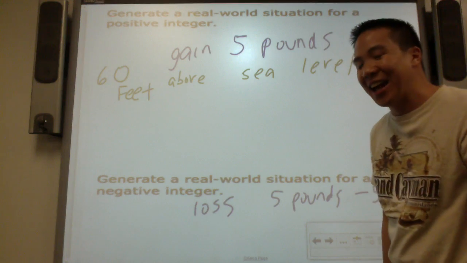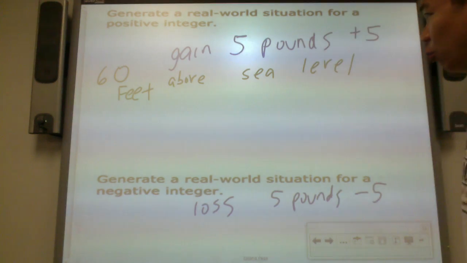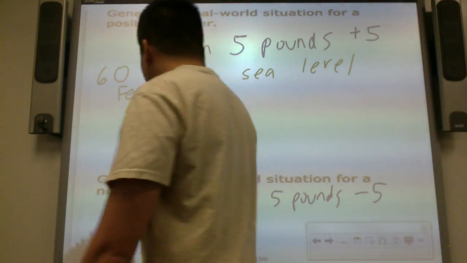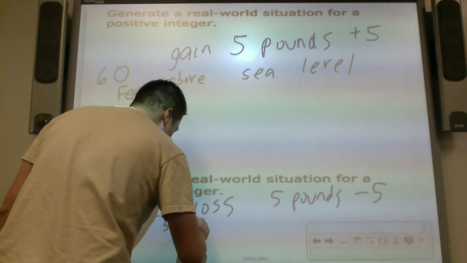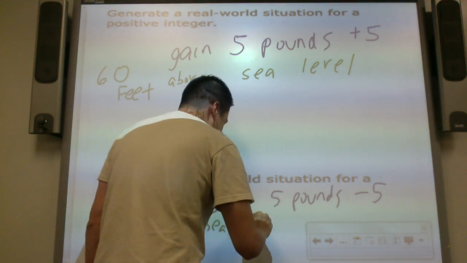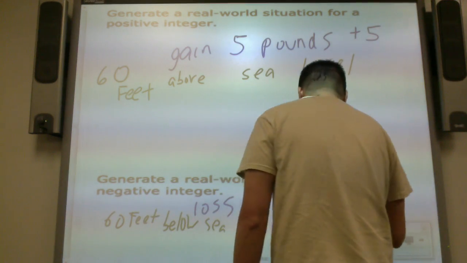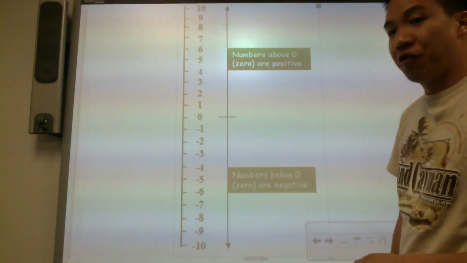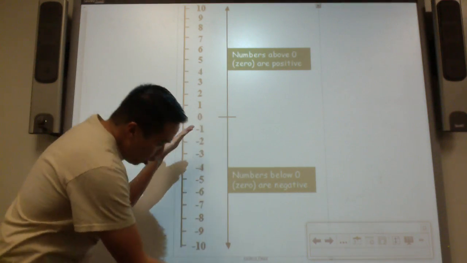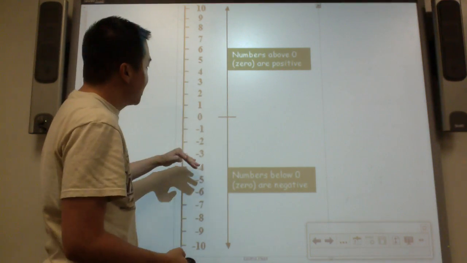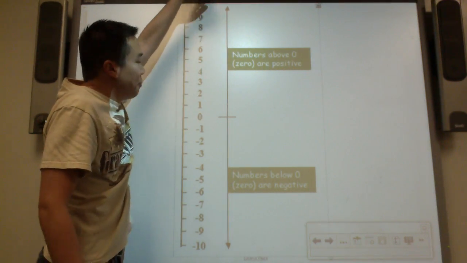It's a whole number and an integer. So what's the opposite of it? 60 feet below sea level would be negative 60. Looking at the vertical number line, if it's 60 feet below, it'd be down here. If it's 60 feet above, it'd be up here.